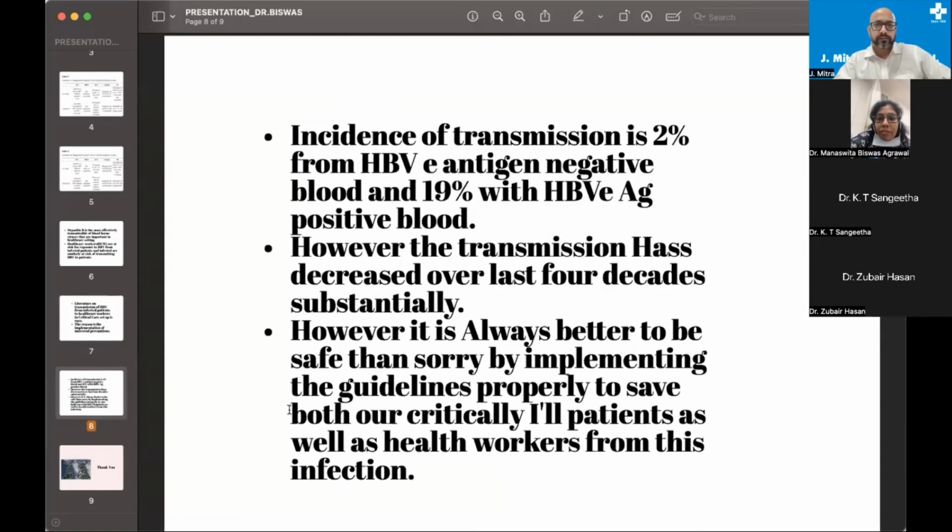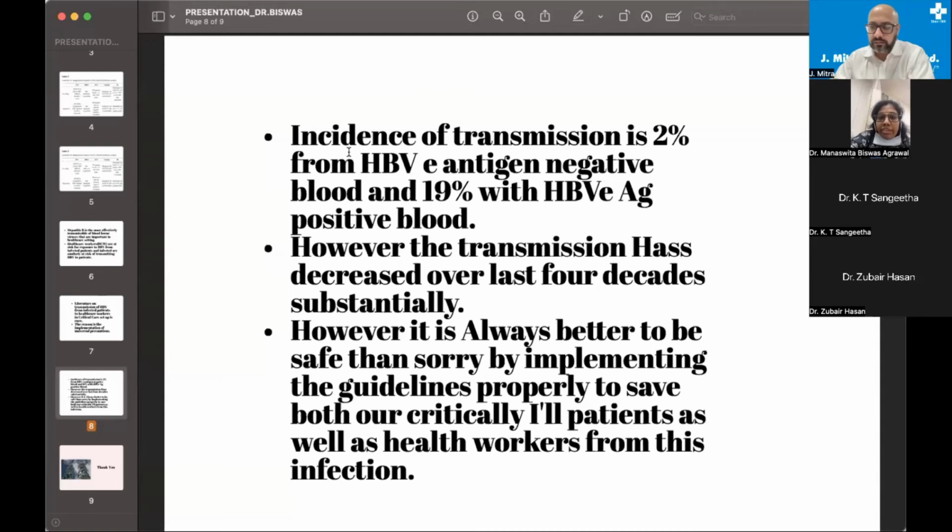So the incidence of transmission, that's what I was talking about, if the patient is in the window period, where we are not aware, the antigen is negative but the patient is a carrier.